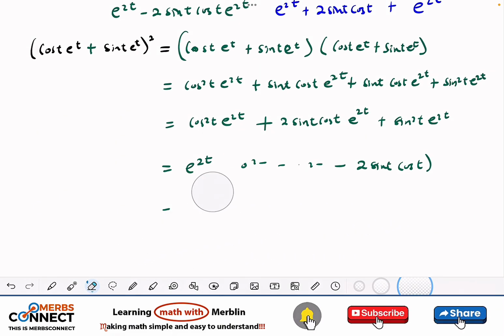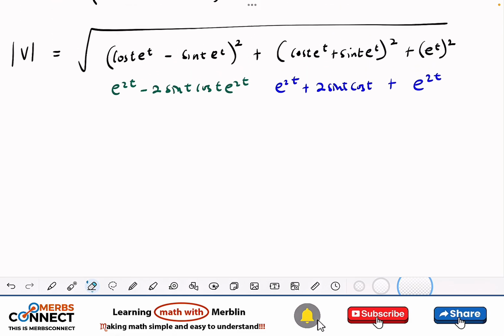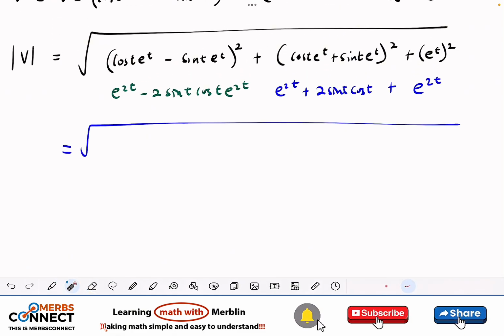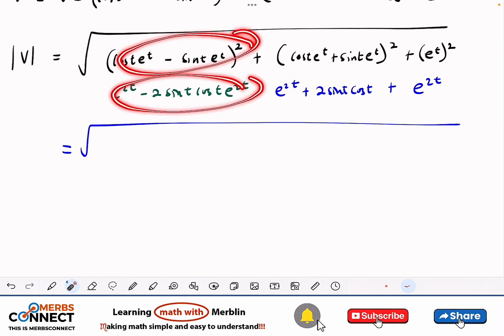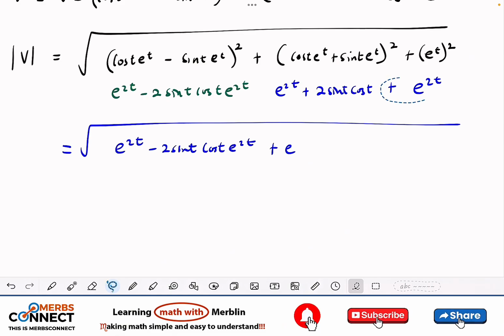Right. So now let me clean this up and then let's finish it up. Now that we've seen this, I'll write this one as the square root of, when we simplify, that's what we are getting: e to the power 2t minus 2 sin t cos t e to the power 2t, plus, oops, I think I left something here.